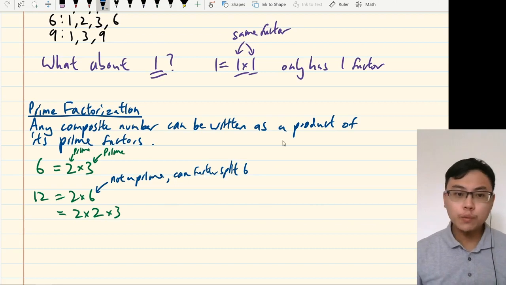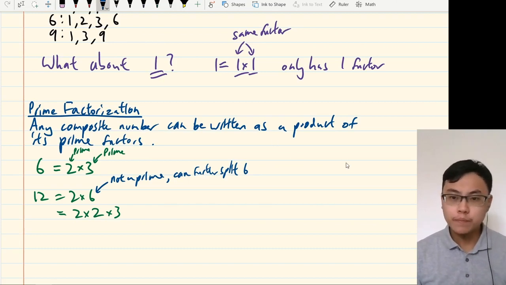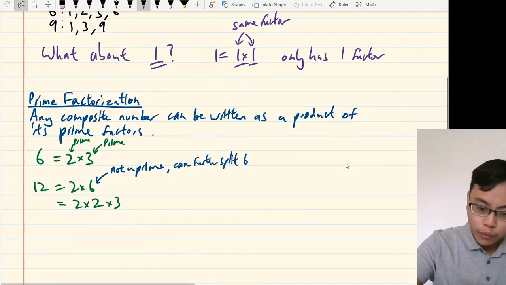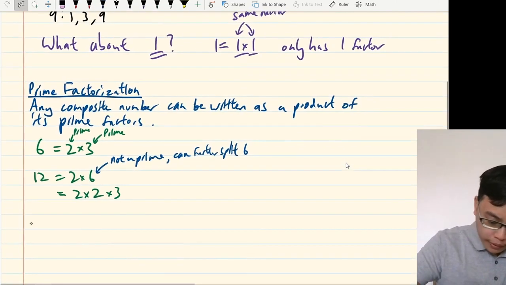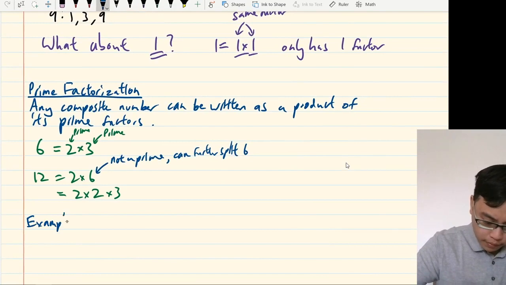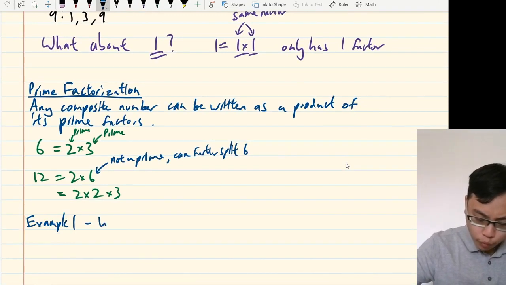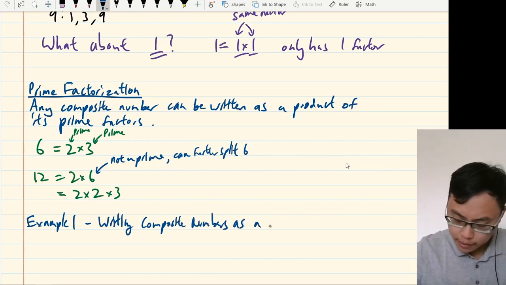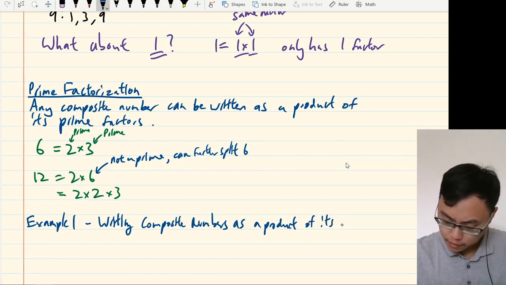So how do we write a bigger number as a product of its prime factors? Let's do an example. Example 1: writing composite numbers as a product of its prime factors.